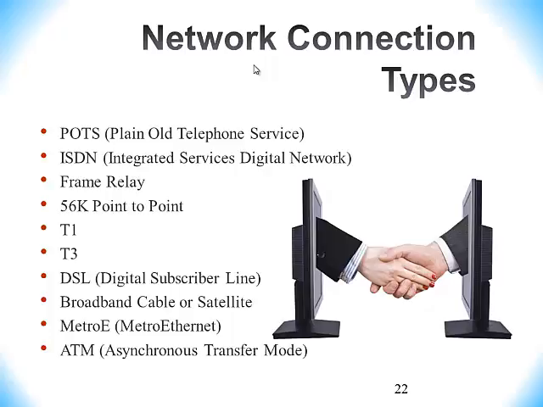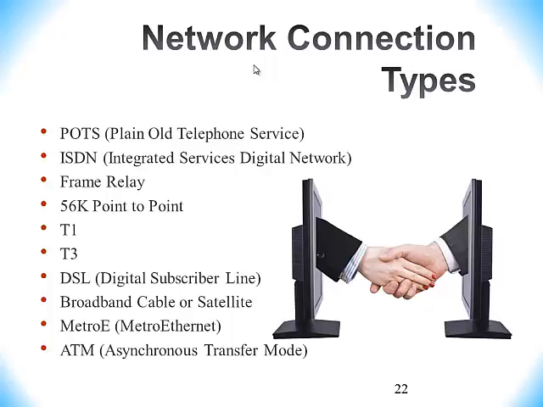Frame relays are 56K to 1.544 megabits. 56K point to point is a guaranteed bandwidth between two points of 56K.